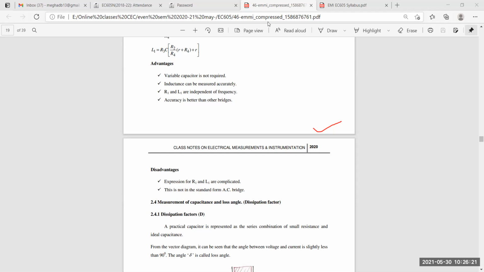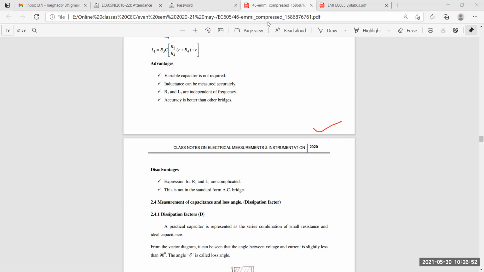And here you will see the bridge has an additional junction, so this is not a standard form of AC bridge. The AC bridge formula we know, as you all know, we have applied in previous bridges: Z1 Z4 equals Z2 Z3. That one formula is not applied here in Anderson. So this is not a standard form of AC bridge. Because of these disadvantages, most of the time the Maxwell inductance-capacitance bridge is used.